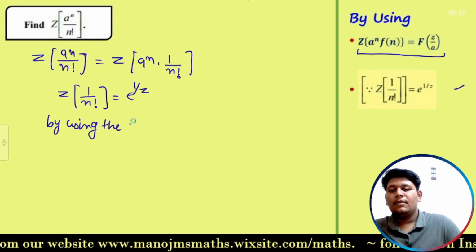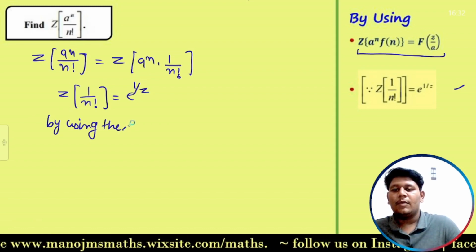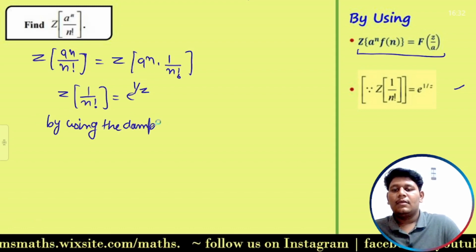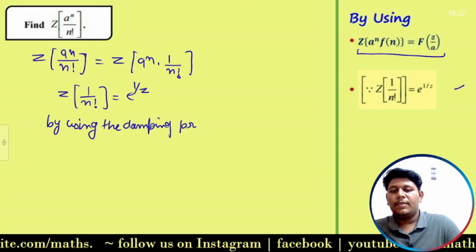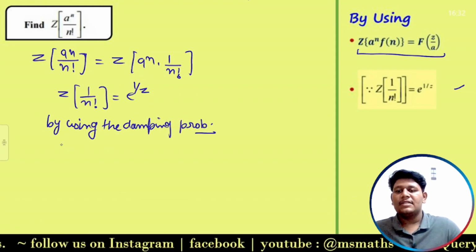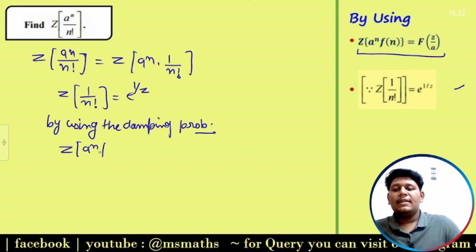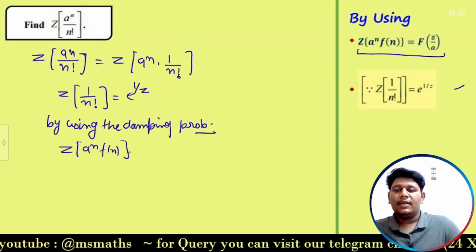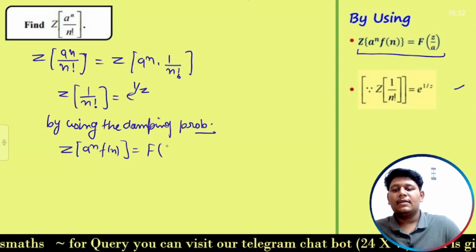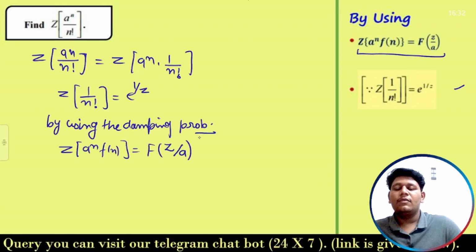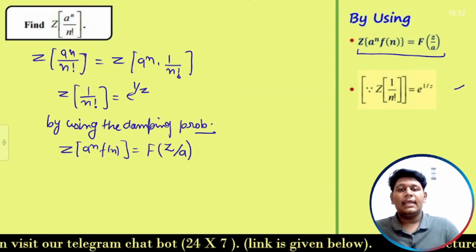By using the damping property of the z transformation, the z transform of a to the power n multiplied by f(n) is f of z over a. You have to divide z by a.